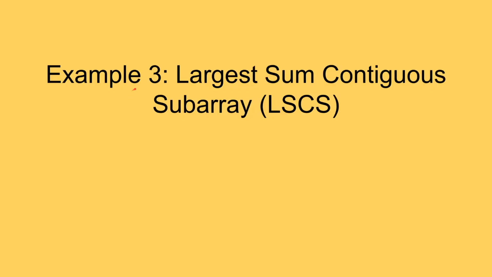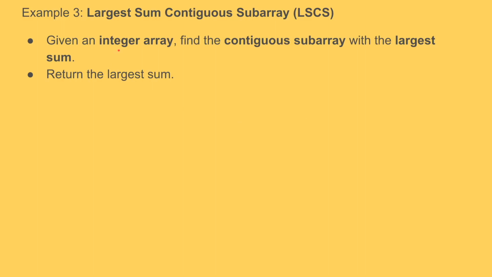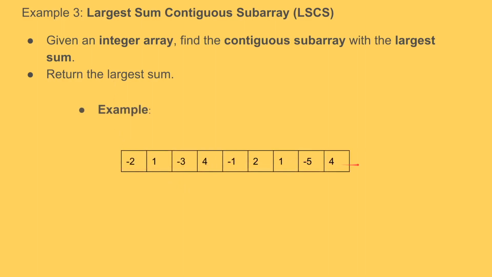All right, let's look at example 3, which is called largest sum contiguous subarray, or LSCS. Given is an array of integers, and we want to find a contiguous subarray with the largest sum and return that value. For example, if this is our array, this is one subarray.